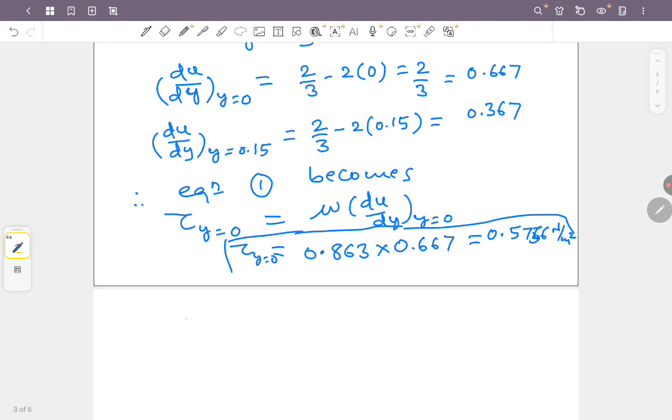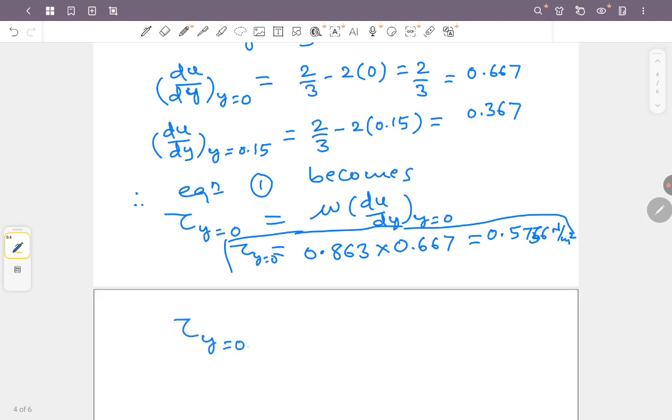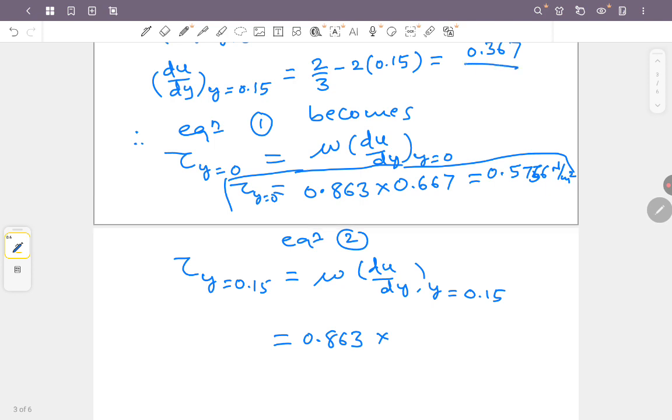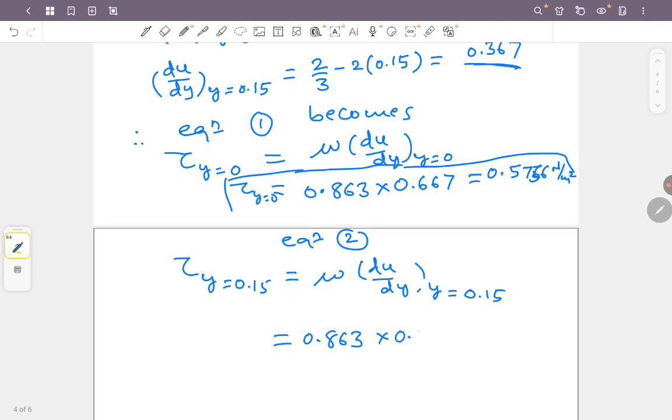Now find out the shear stress at y equal to 0.15. Substitute in equation 2. First we'll write the formula, mu into du by dy when y equal to 0.15. We already know that the mu value is 0.863, multiplied by du by dy at y equal to 0.15, which we already calculated as 0.367.